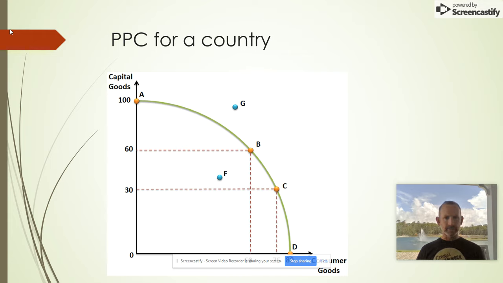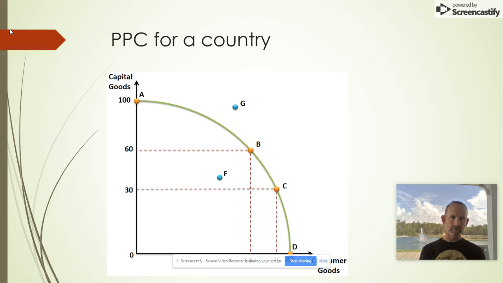To extend that, let's think of a production possibilities curve for a country. This is one not showing two goods, but two categories of goods: capital goods and consumer goods. It should make sense that a country is going to have certain labor, certain natural resources, certain capital that are better suited to producing each of these.